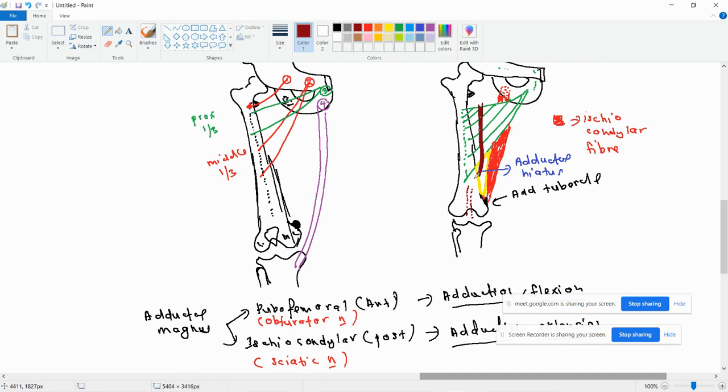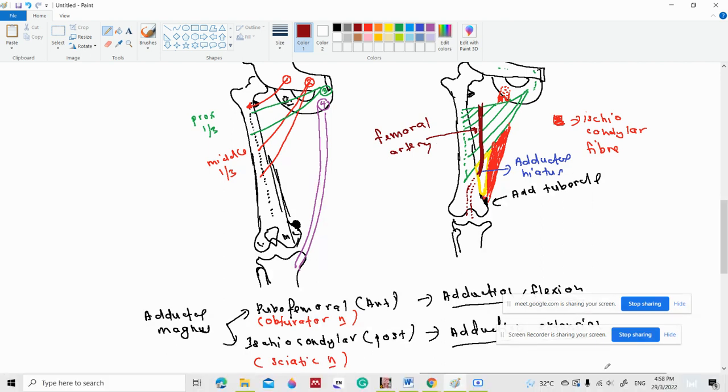The artery which passes through your adductor hiatus is known as the femoral artery, class. Maybe I can show you something.